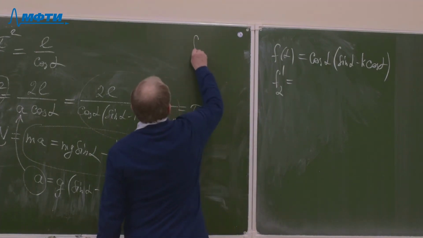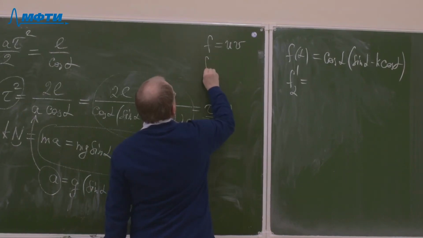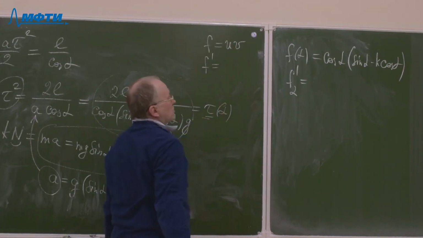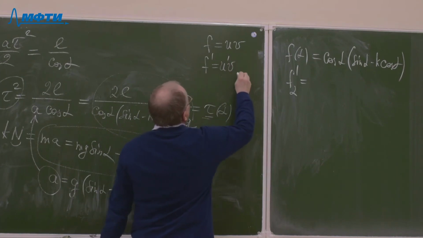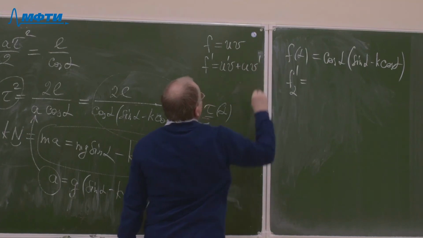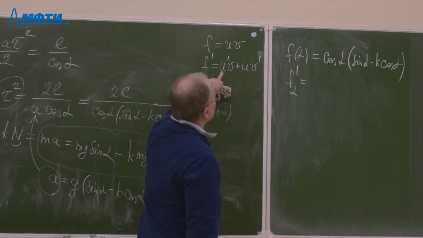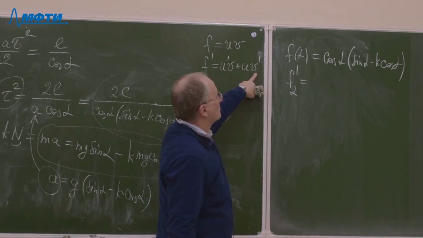So if I have a function in general which is equal to u times v, two functions, and I want to take a derivative according to the rules of taking derivative, I have first to differentiate the first factor, and then plus the first factor times the derivative of the second.